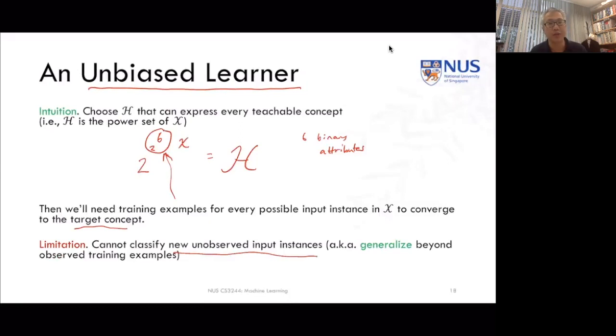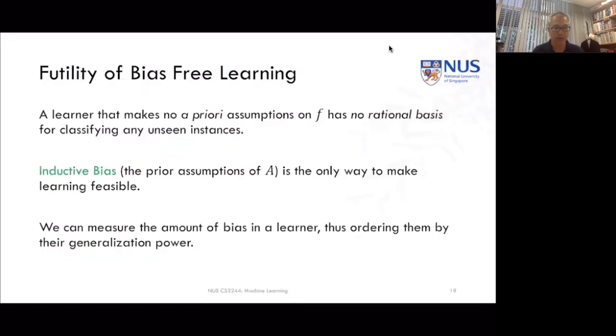We made that assumption in the conjunctive hypothesis space, where we said we believe that people are going to express preferences that are additive rather than disjoint. So if we don't make any commitment a priori to a certain way of representing the hypothesis, there's actually no way that we can choose the right target function.